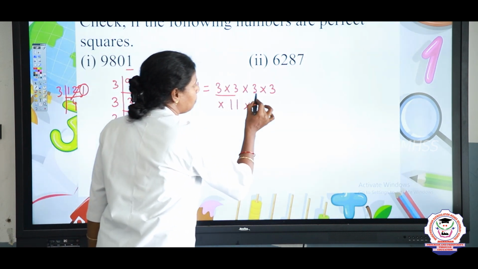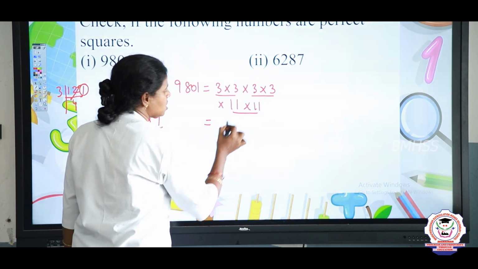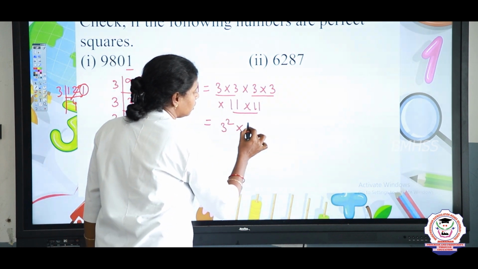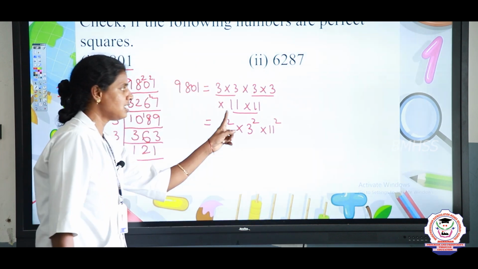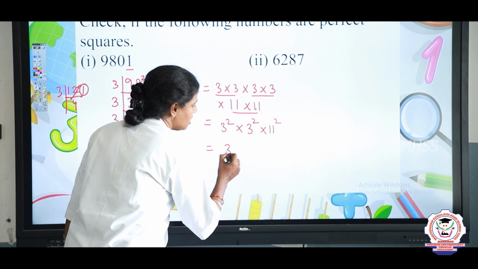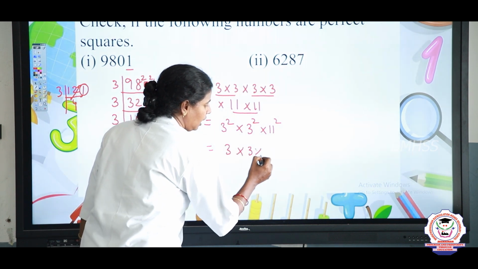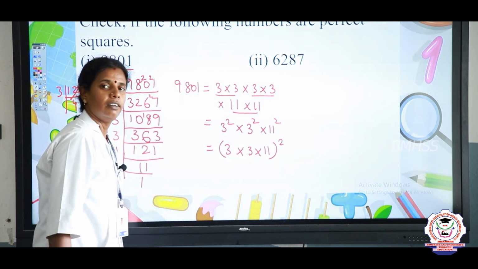Now pair the numbers here. So 3 squared into 11 squared. We can write 11 into 11 as 11 squared. Now I can write this number as (3 into 11) the whole squared.